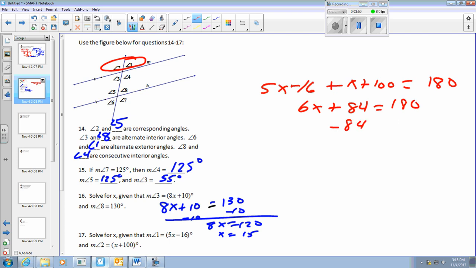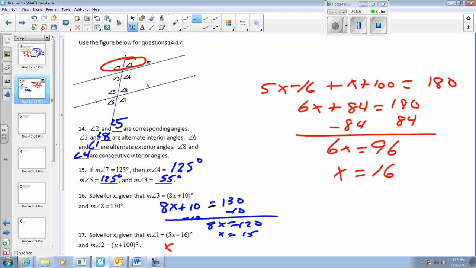Minus the 84 from both sides, I get 6x equals 96. And dividing by 6 gives me 16. So x is equal to 16 down there.